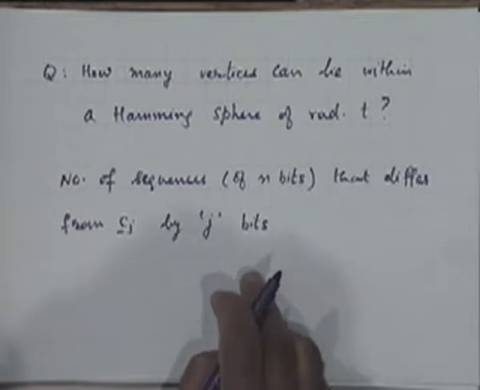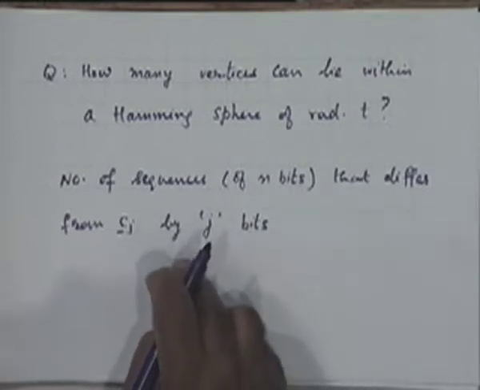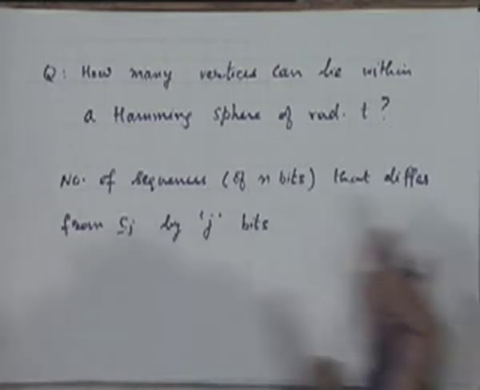So I am considering at the moment a number j of errors which is less than T, then we will sum over j.